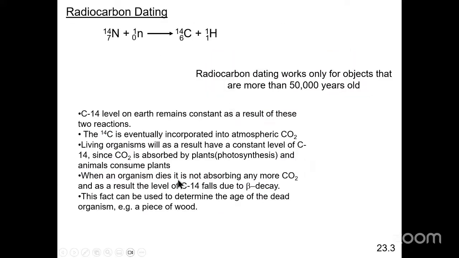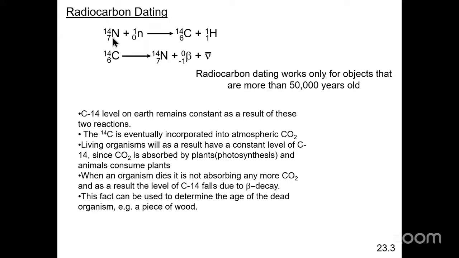As I said before, that can be used in the form of dating certain artifacts. So let's talk about radiocarbon dating first and the principles underlying that. There are two reactions that involve the isotope carbon-14 that occur over and over again.